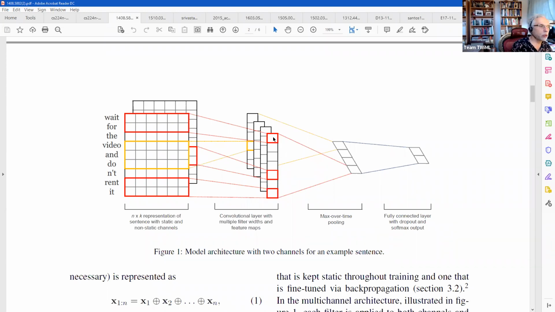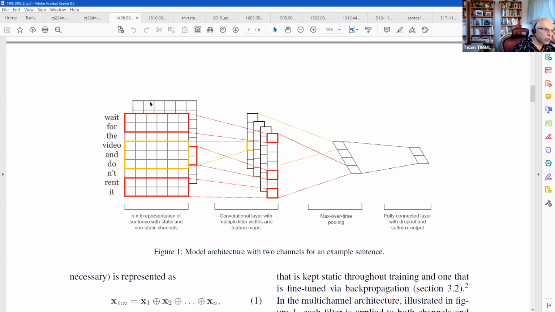But when you do max pooling, you naturally reduce everything to one feature map that has the length of the number of filters. So here we've used 4 different filters, and so we get an output vector of length 4. It is completely independent of the length of the input vector, which is the sentence, right? And then finally we do a softmax and we make our classification.